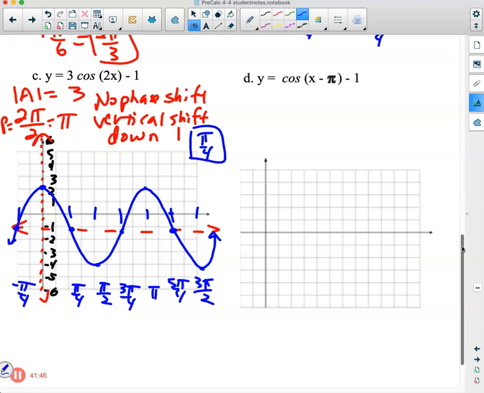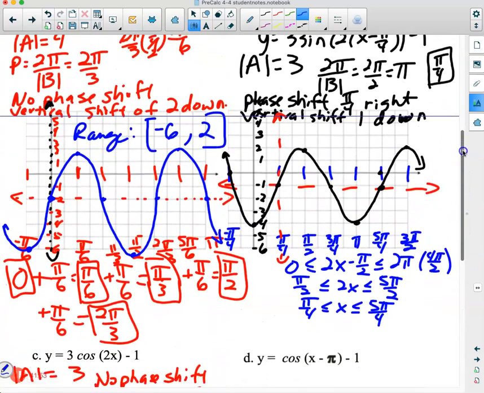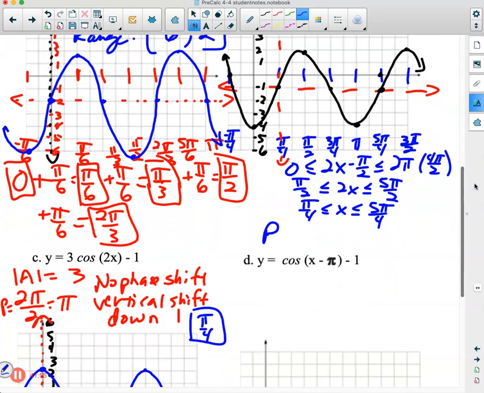And then we can give them the old range. Wait a second, did I ever write down the range on this? I think I talked about it and didn't do it for the second one. So once you have the graph up, it's just a matter of taking a look and realizing, okay, I was at -4 and +2.